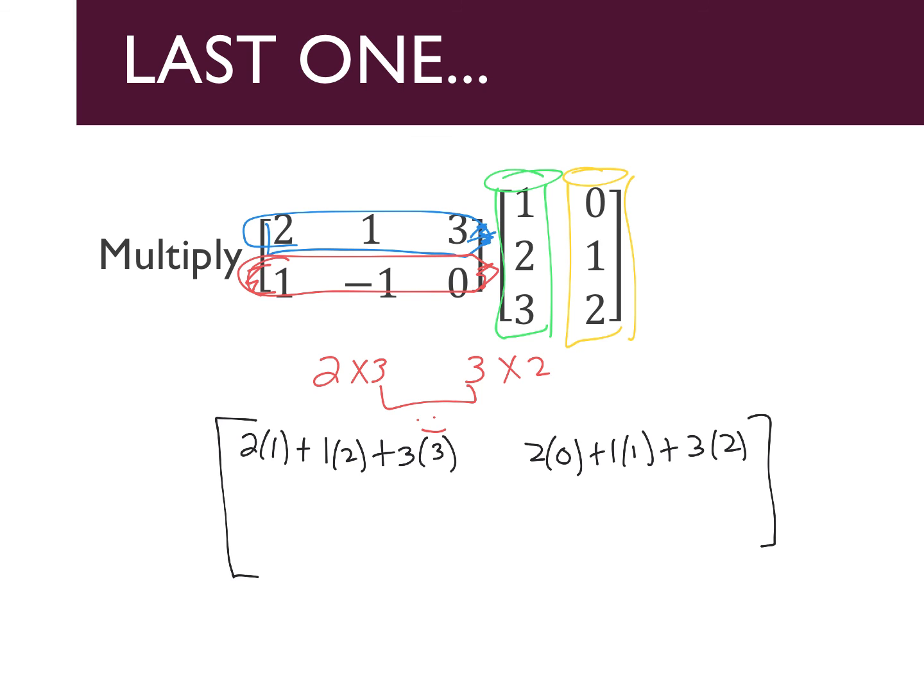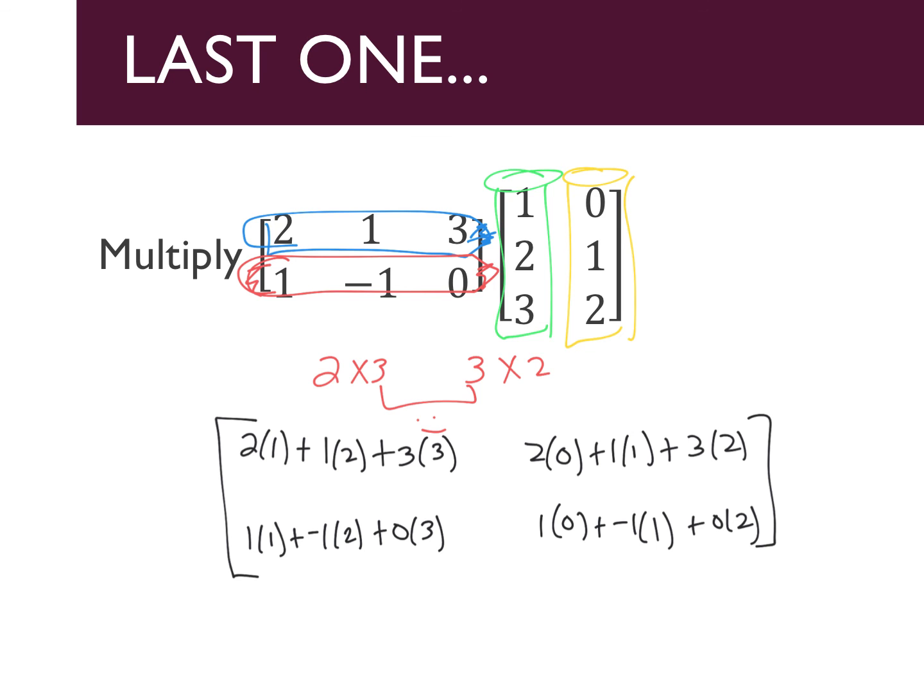Red pencil into the green cup, 1 times 1 plus negative 1 times 2 plus 0 times 3. And red pencil into yellow cup, 1 times 0 plus negative 1 times 1 plus 0 times 2.